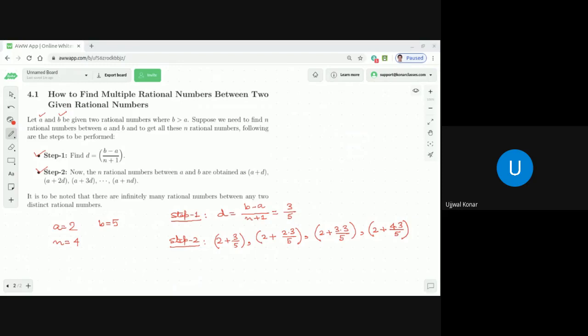Now the question is, just by looking into a rational number, that means what is a rational number? A number which can be expressed in the form of P by Q, where P and Q are integers, Q is not equal to 0, and HCF of P and Q is equal to 1. Now, just by looking into a rational number, can we say whether its decimal expansion is terminating, or if it is not terminating, can it be recurring?